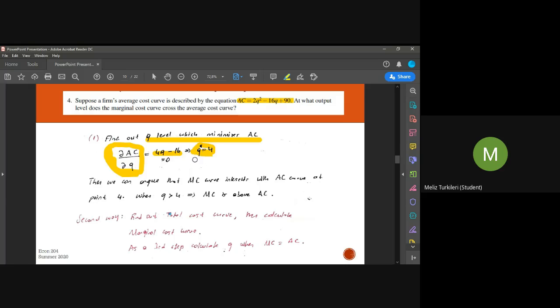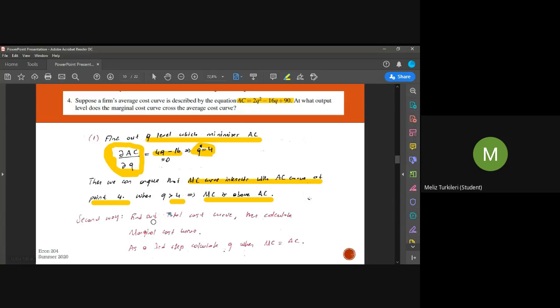So our output level should be equal to 4 to minimize average cost. Then we can argue that the marginal cost curve intersects with the average cost curve at point 4. Okay, if the quantity of output is higher than 4, then our marginal cost curve is above the average cost curve, and it is not the minimization of the problem.